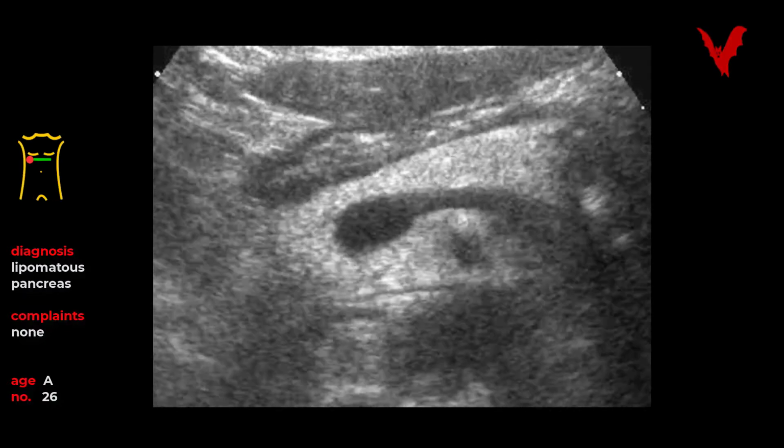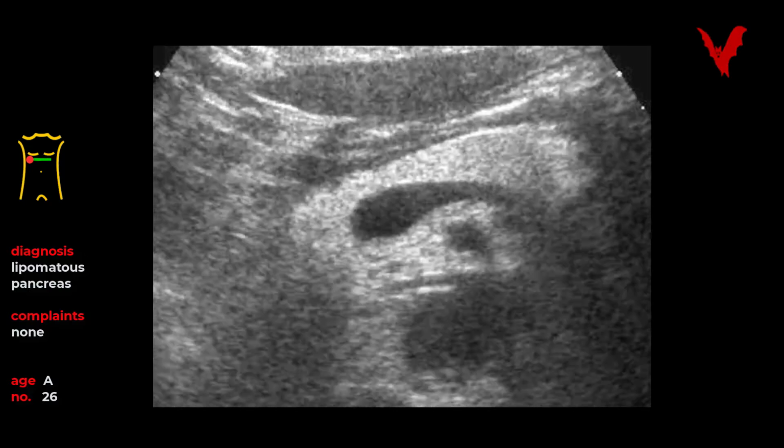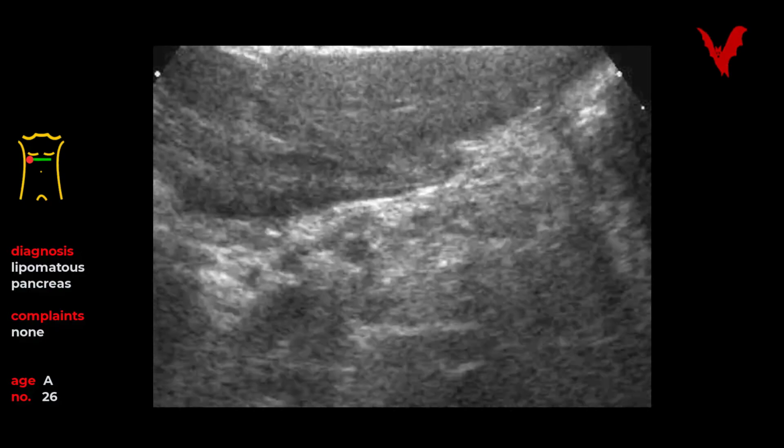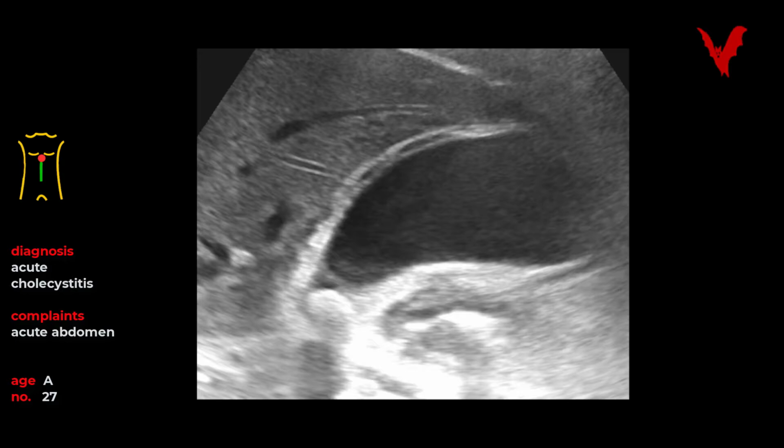Lipomatous pancreas, as often in the elderly, no pathology again. Heavy acute cholestasis with liquids surrounding the gallbladder.